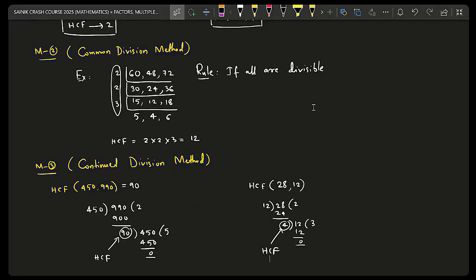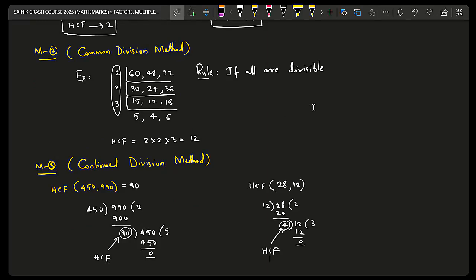Is any number other than 1 dividing all the numbers 5, 4, 6? I said all the numbers, not only a few of them.